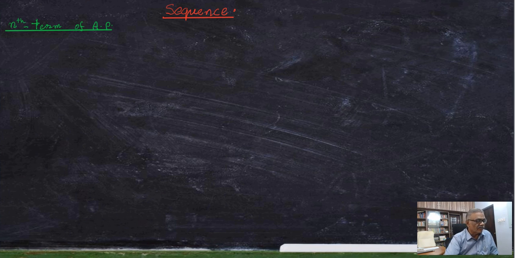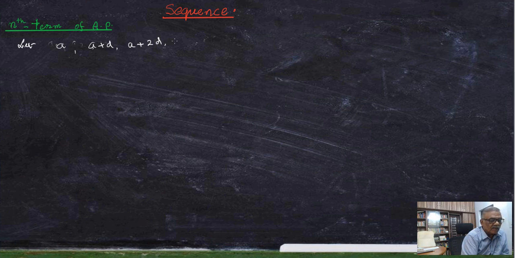What is the nth term of the progression? We can see here. Let A1, A2, first let me write down the general form which we have obtained already: A, A plus D, A plus 2D, A plus 3D, and so on.